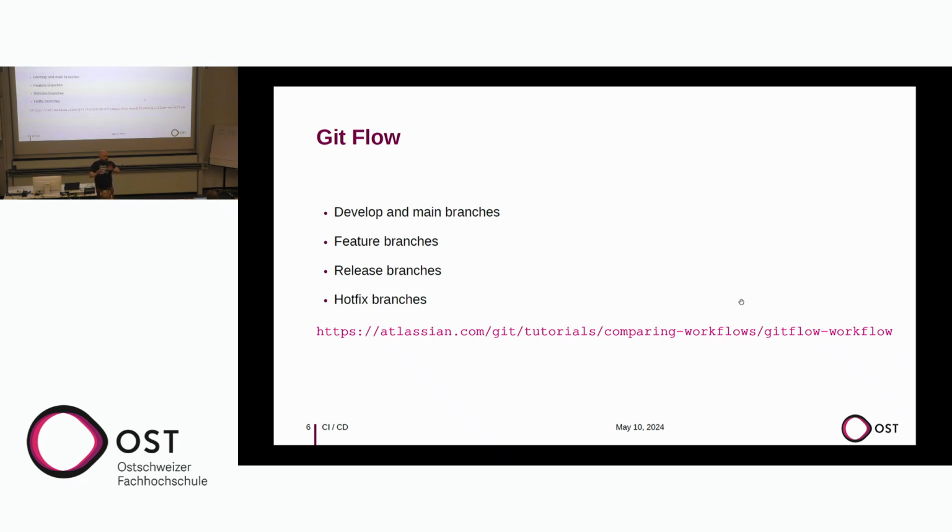The main branch should always be stable, the version that can be installed somewhere. The developer branch should also be more or less stable. The pipeline in the developer branch should always be green, because from the developer branch we make branches for new features, feature branches or release branches, and in these branches we work.